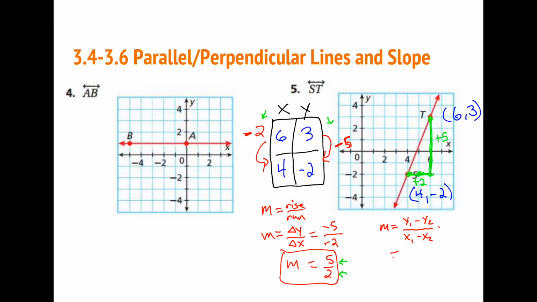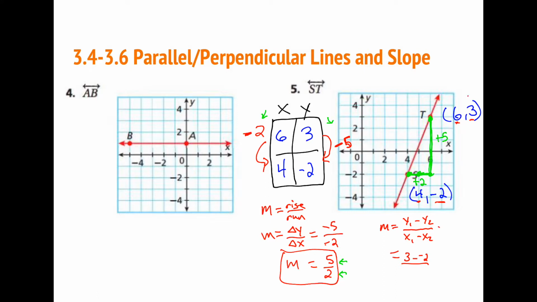So when I want to plug in for this, I've got to plug in my 2 y values. I see one of my y values being the 3 right there, and the other value being the -2. So I want to put into my equation 3 minus a -2 over my 2 x values. My x values are 4 and 6. And once again, the order doesn't matter, but it does matter that we keep it consistent.